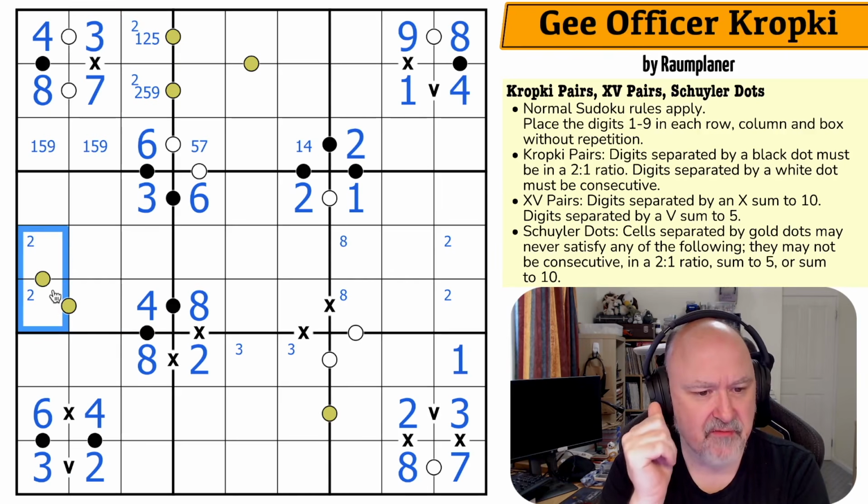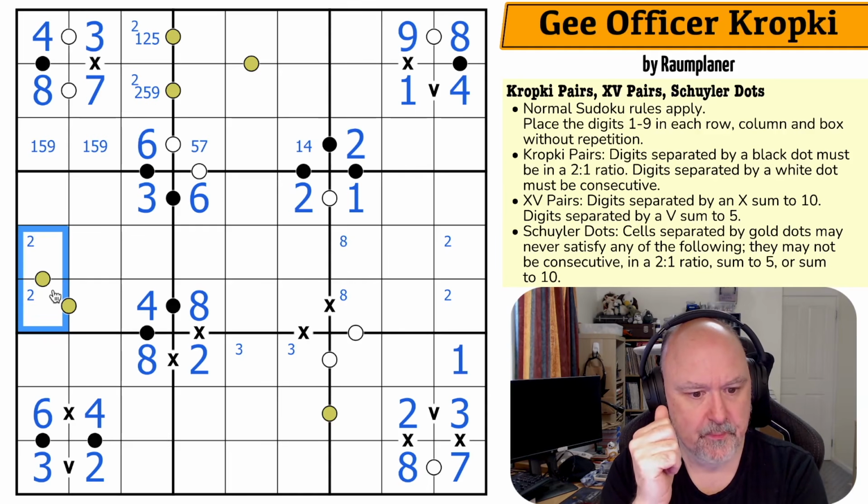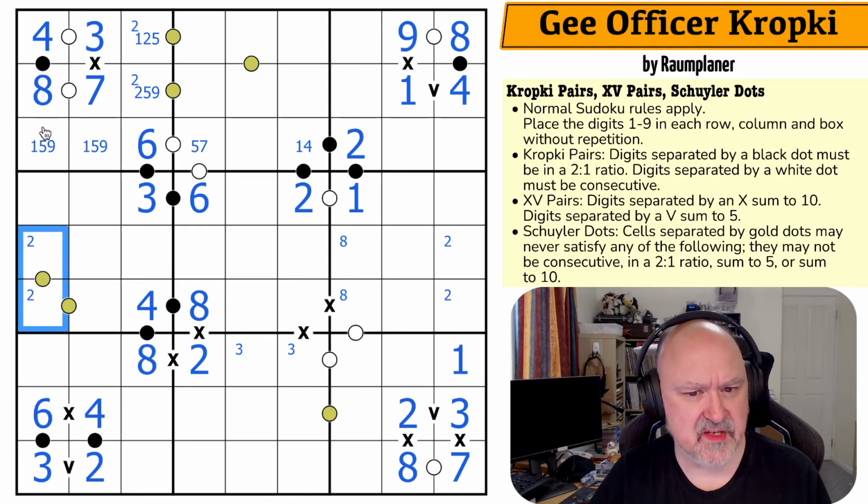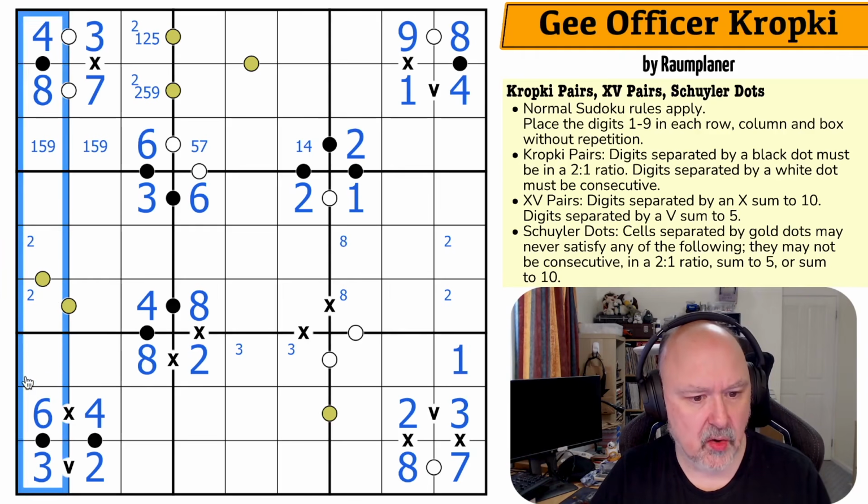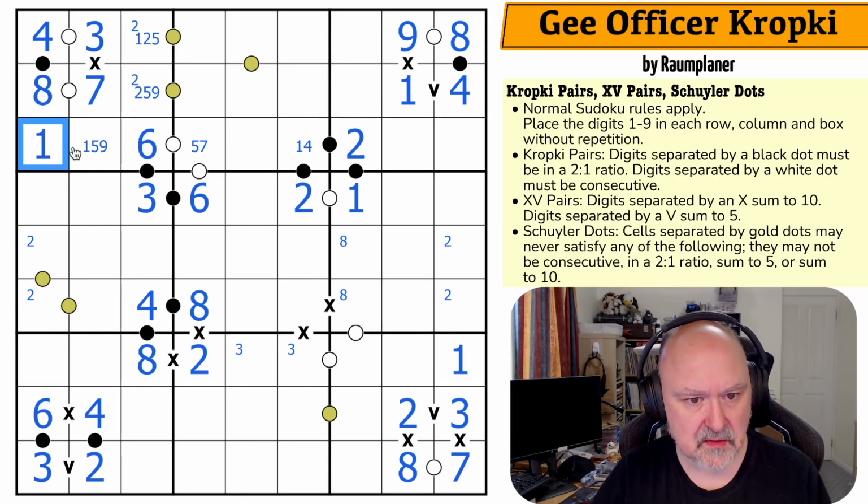And 2 is quite restricted, because on a Schuyler dot, I can't put a 2 with a 1, a 4, an 8. But I can't put a 1. So where's 1 in this column? I can't put it here because of that one. I can't put it on the dot because then this would be a 1, 2 pair. And I can't put it here because of that. This is a 1, and there's no 1 here. There's no 1 here.